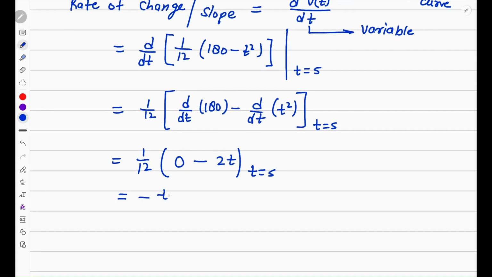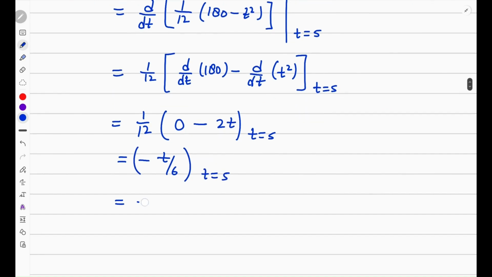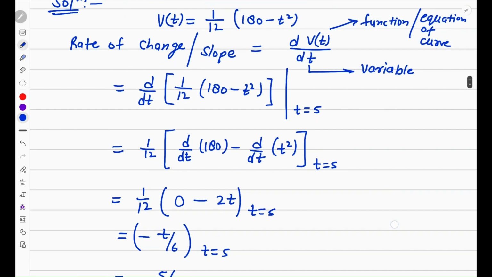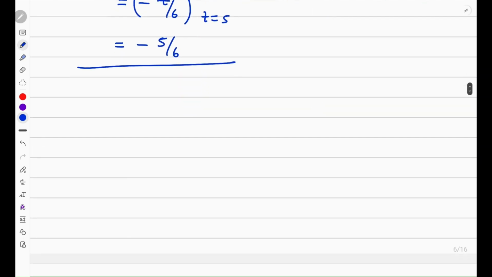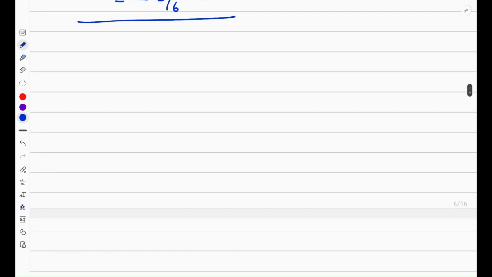So it becomes minus t over 6, and at t equal to 5, the rate of change comes out to minus 5 over 6 at the particular point of t equal to 5 seconds. So this was the example to solve the rate of change problem using the equation. This is called the tangent method.